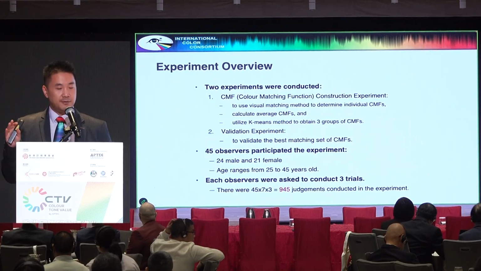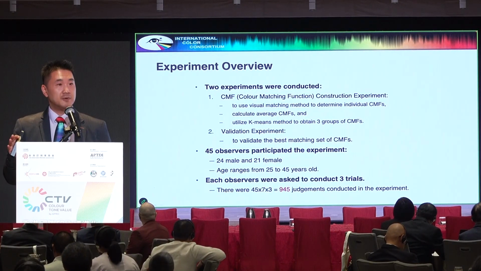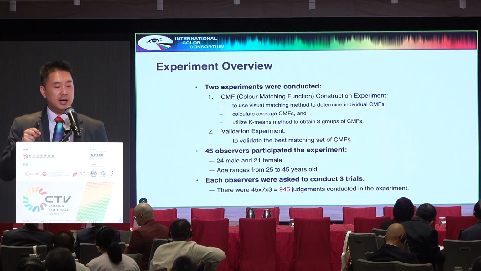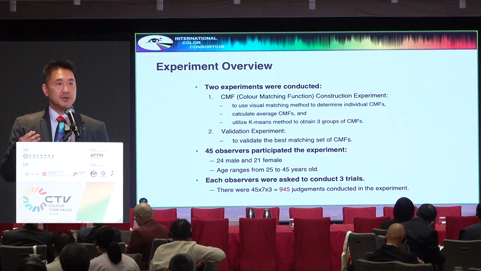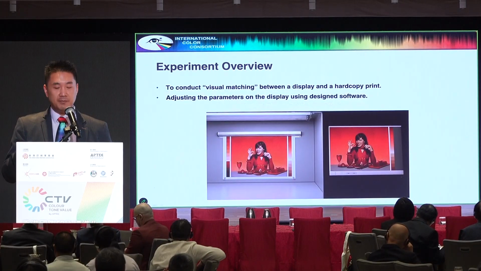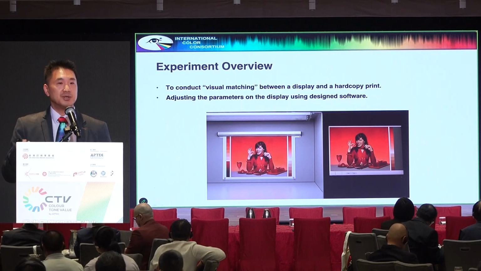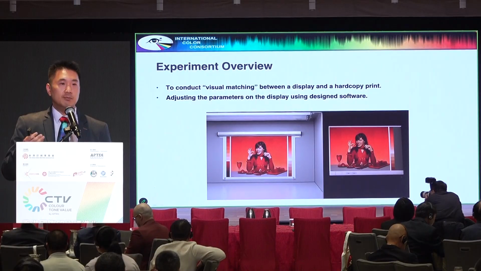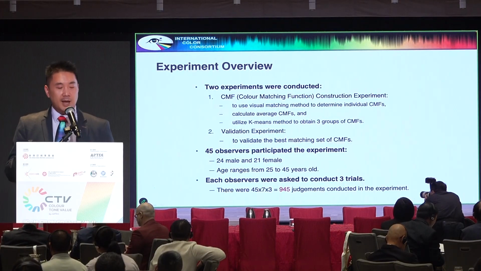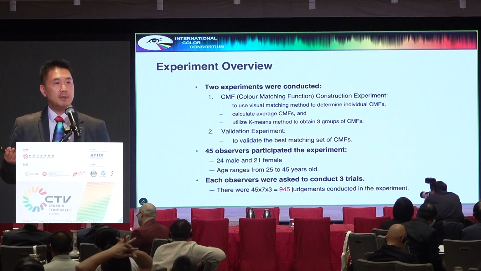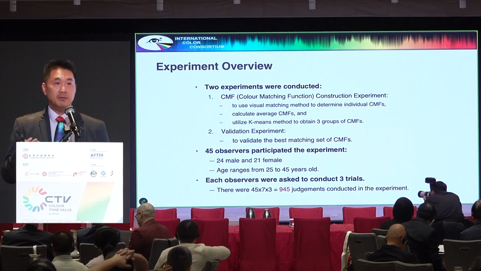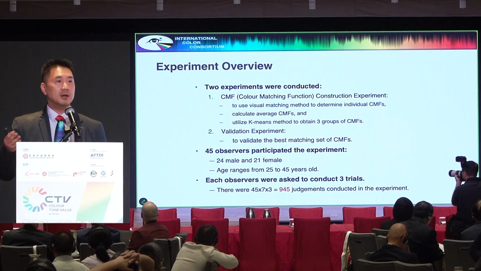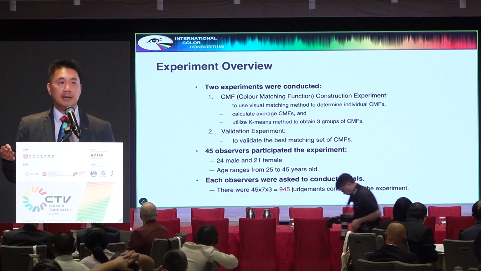So we asked about 45 observers to participate in this experiment. We asked the observers to use this software to adjust the image on the display to match the print. There were 24 males and 21 females, ranging from 25 to 45 years old, and they're all my colleagues in my company, okay?